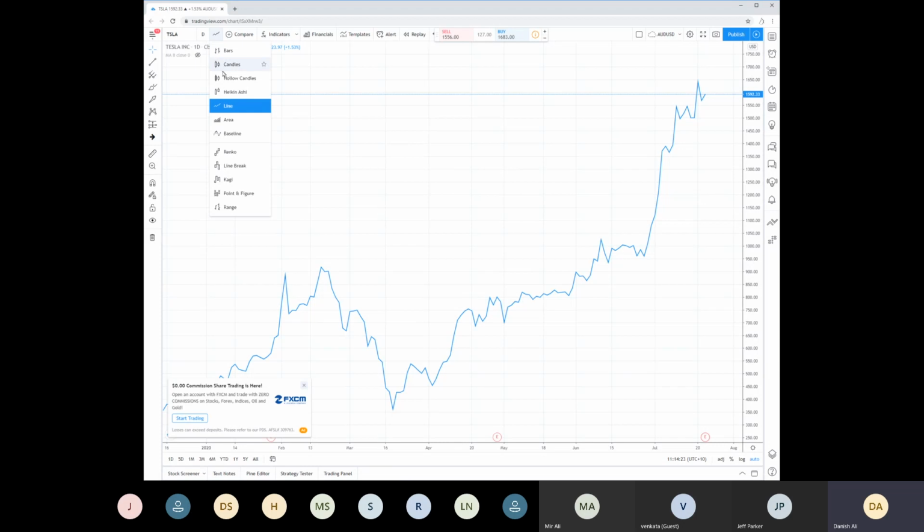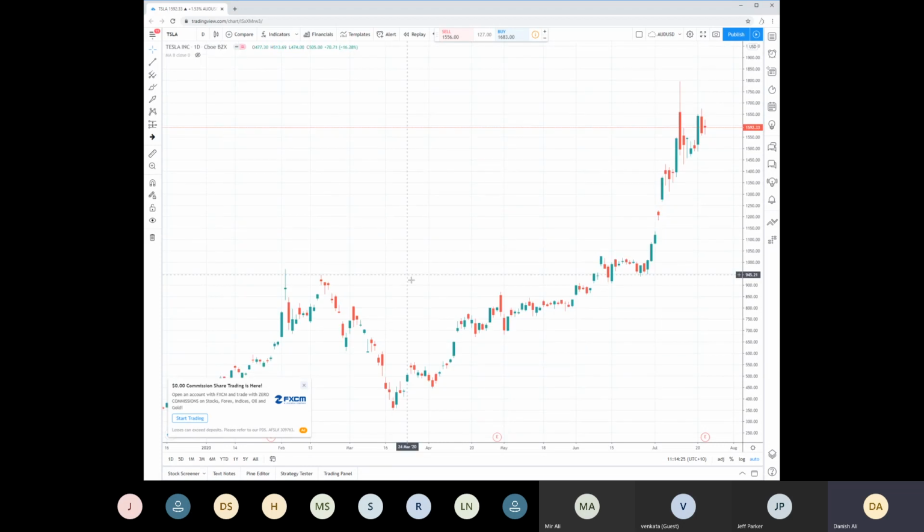Okay. Candlestick chart. Yeah, this was the pennant. It went all the way from here to this point. All the way from here to this point.